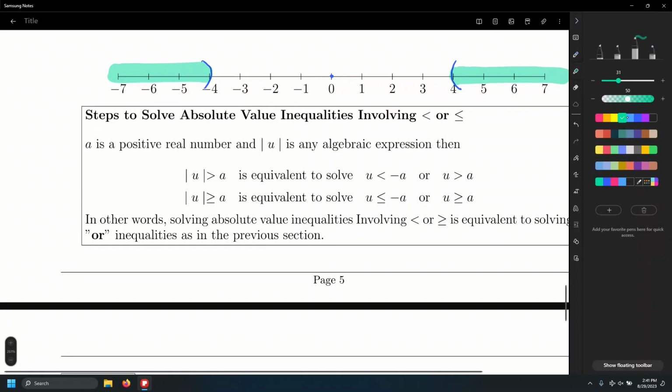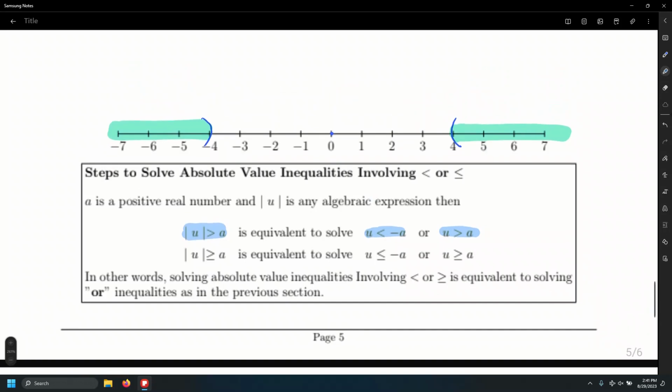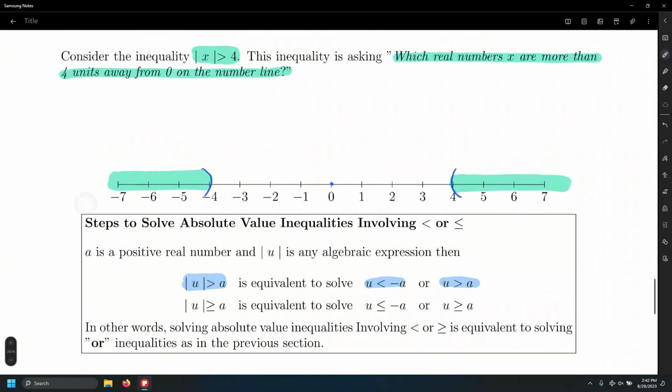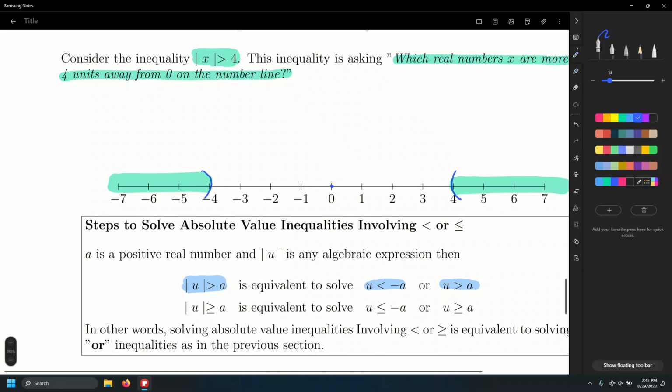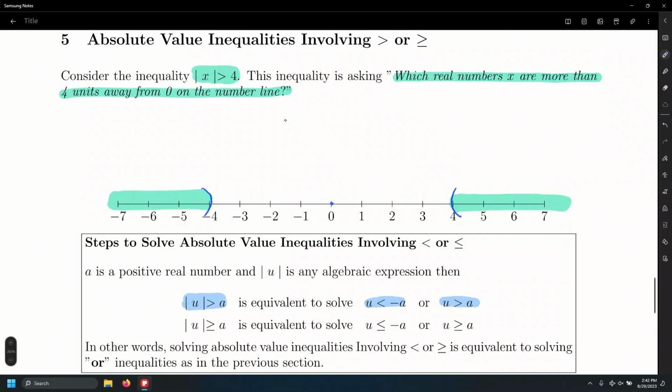All right, so let me do the same kind of highlighting the same way we did before. This one right here looks pretty much like the one that we just solved, because, for example, absolute value of u greater than a is equivalent to solving u less than -a or u greater than a. To be more explicit about the previous example, what we have here is absolute value of x greater than 4.